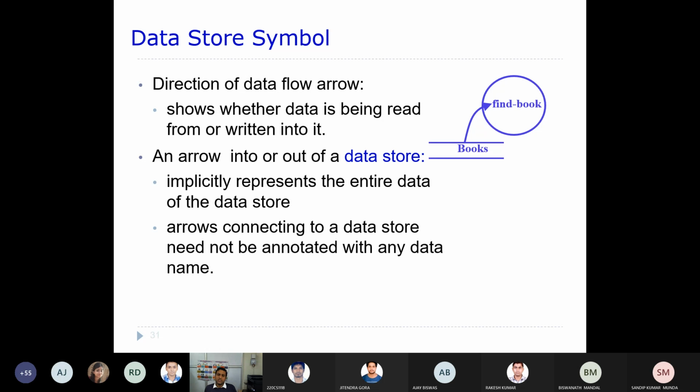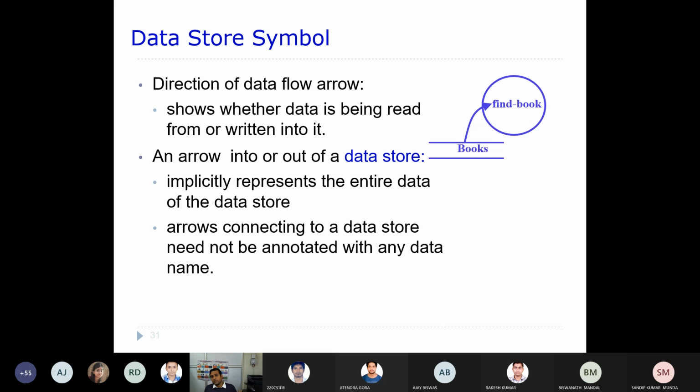It is understood by default. If I say books, it means you will be giving one book's details as an input to this method. That's the reason why we do not annotate.